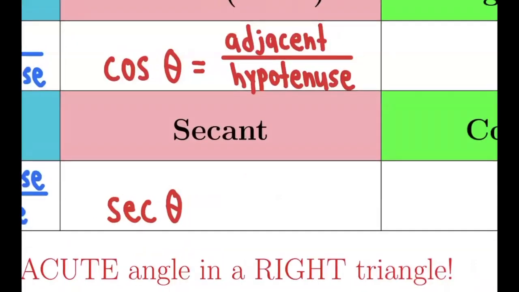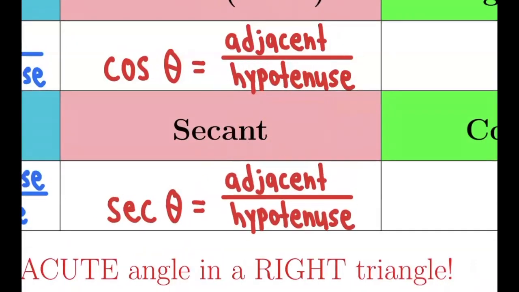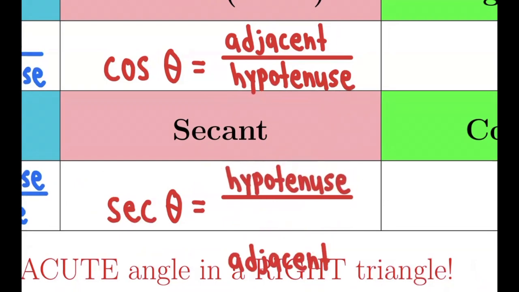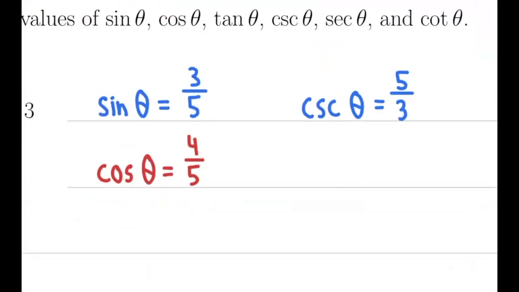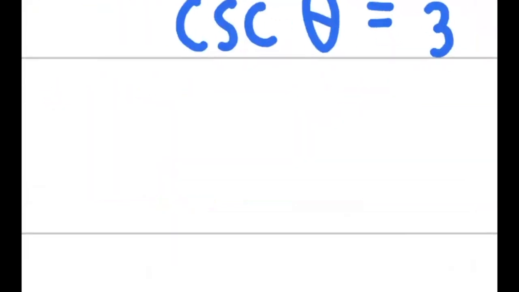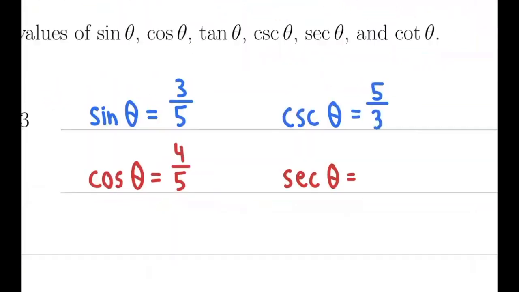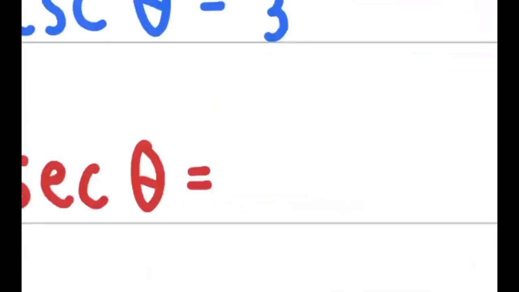And instead of adjacent over hypotenuse, it's hypotenuse over adjacent. So if cosine of theta is 4 over 5, what's secant of theta? Well, my first thought was wrong, but my secant thought is that it's 5 over 4. Wow, that's right.